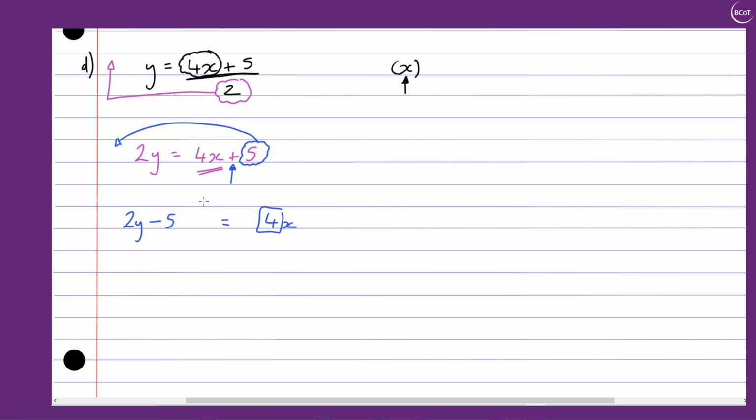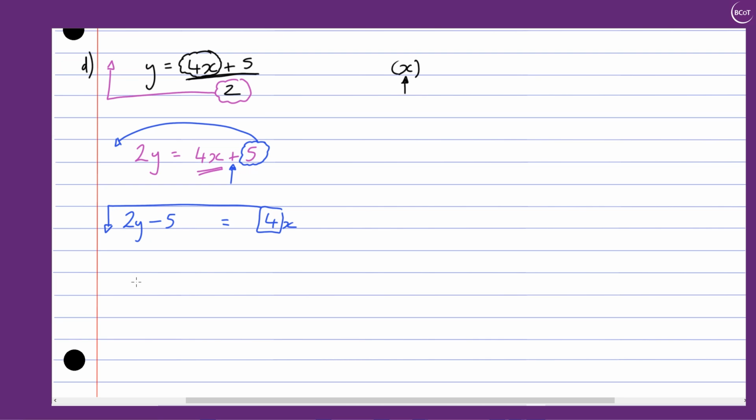So we can't take the 4 over and change its sign. Because it's multiplied by the x, we need to swap and drop. You can only do change the side, change the sign when things are added or subtracted. But this isn't 4 plus x or 4 minus x. It's just 4 glued to x, which is 4 times x. So we need to take the 4, swap and drop.